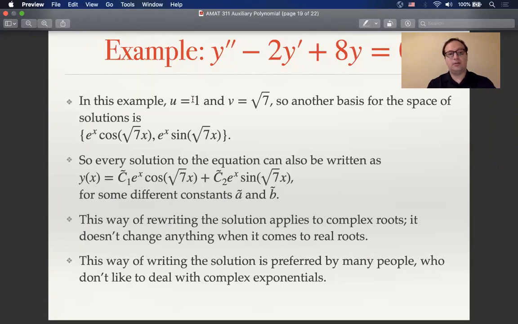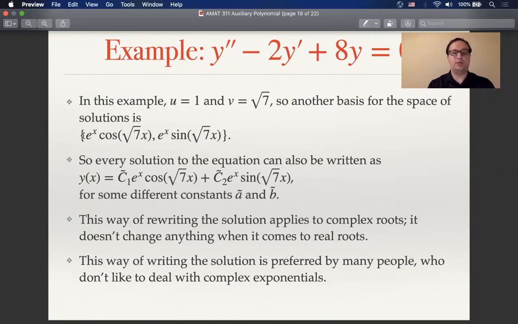So the real part was 1 and the imaginary part was i square root of 7. So another basis for the space of solutions is e to the x cosine of square root of 7 times x and e to the x sine of square root of 7 times x.